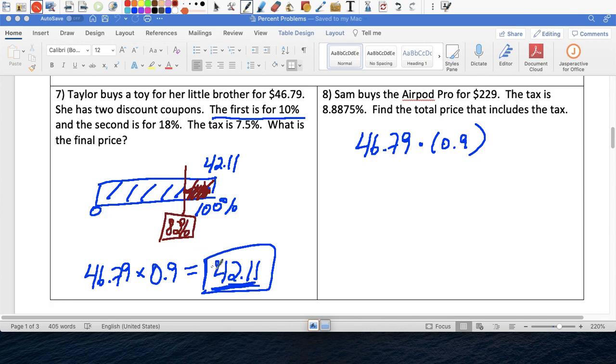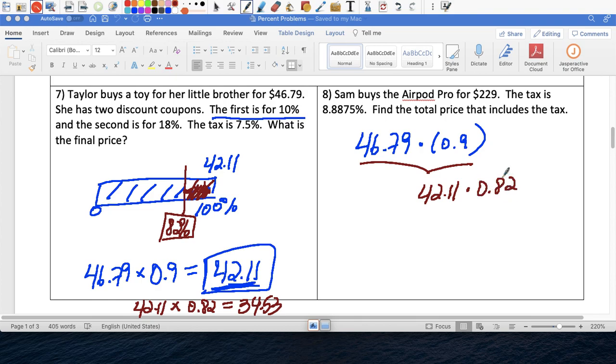But it's 82% of what? Of 42.11. So we're going to go 42.11 times 0.82. Let's see, 42.11 times 0.82 is going to give you 34.53. So we initially multiplied these two numbers, we got 42.11, and then we multiplied that by 0.82, and we got 34.53.